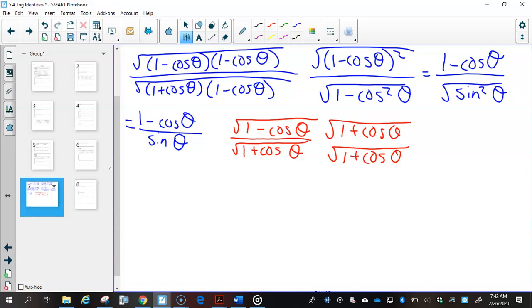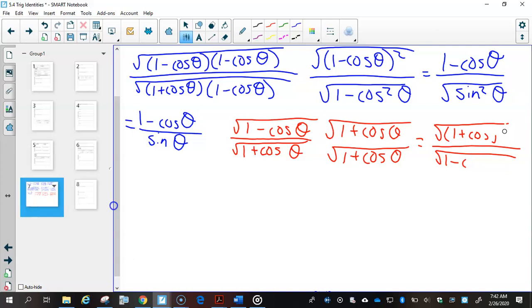This work is going to work out to be very much the same. I'm not going to do it again. But you end up with the square root of this squared all over 1 minus cosine.